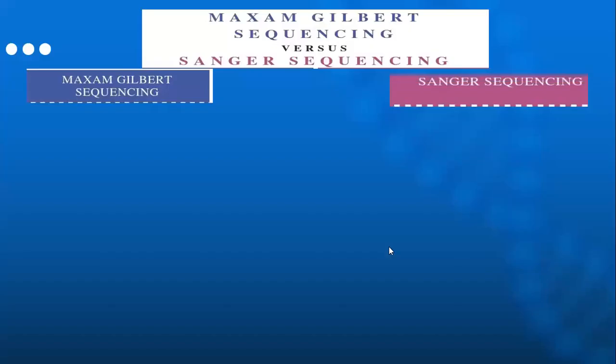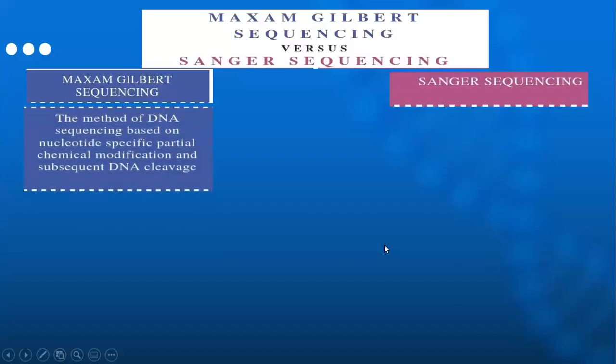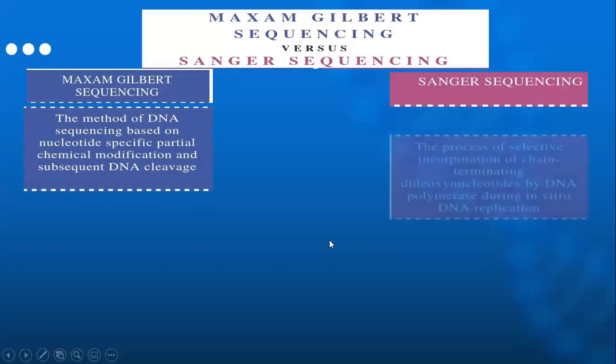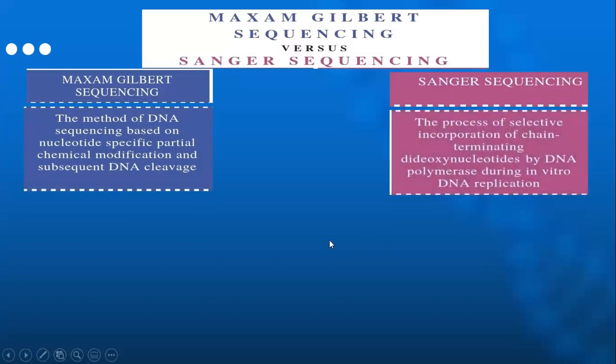Now coming to the differences between them. The Maxam and Gilbert sequencing technique involves nucleotide specific partial chemical modification and then DNA cleavage, whereas Sanger sequencing is the process of incorporation of chain terminating dideoxynucleotides by the DNA polymerase during DNA replication.